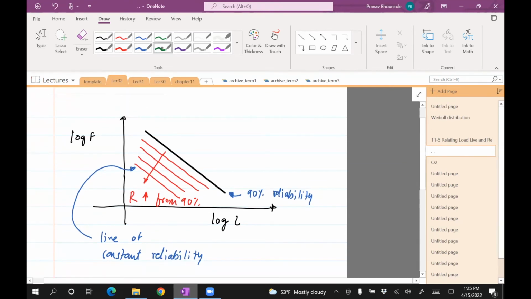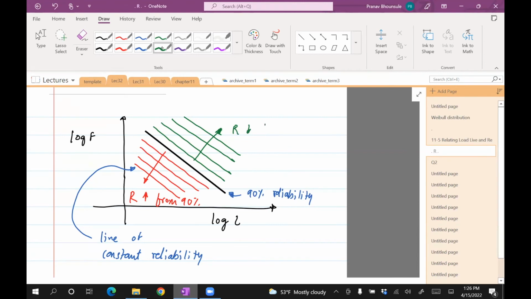And if you do the same experiments at lower reliability, then you end up with lines like this, decreasing from 90%. So if you do this at different reliabilities, you'll get lines which are essentially parallel.